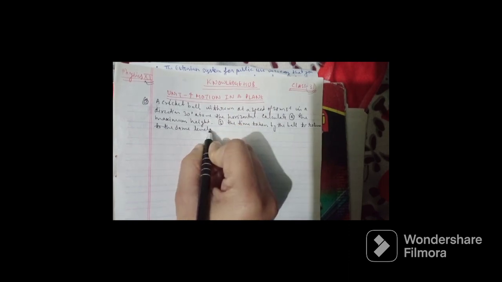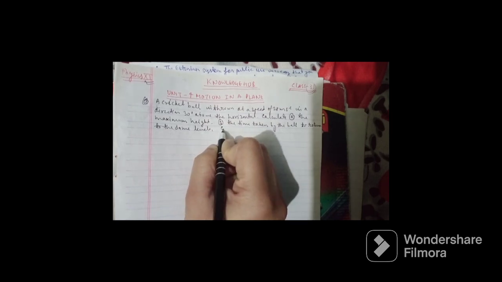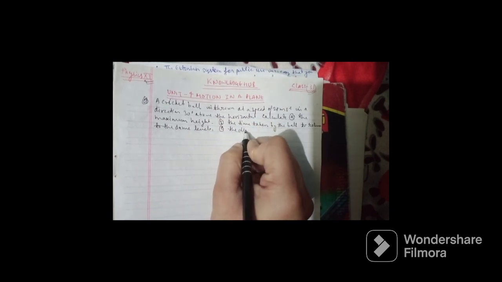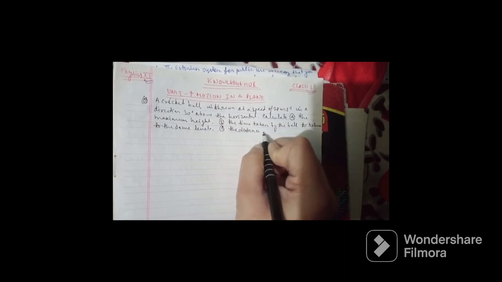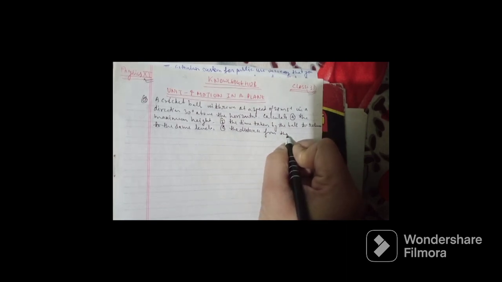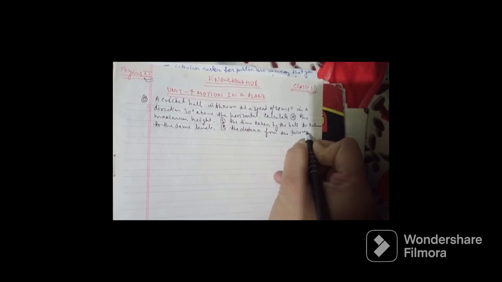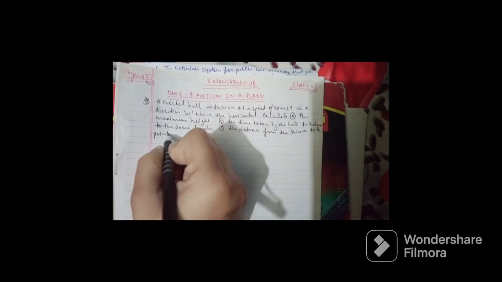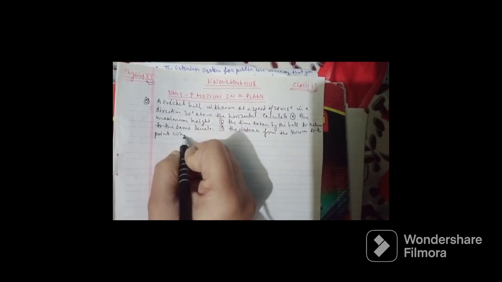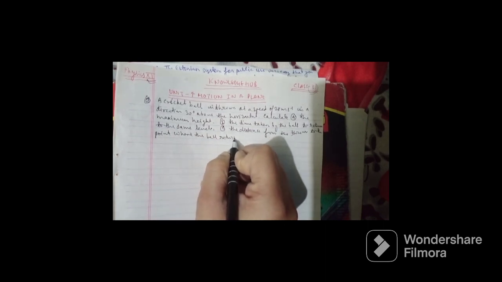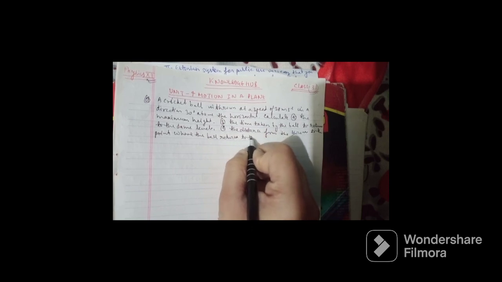C is the distance from the thrower to the point where the ball returns to the same level.